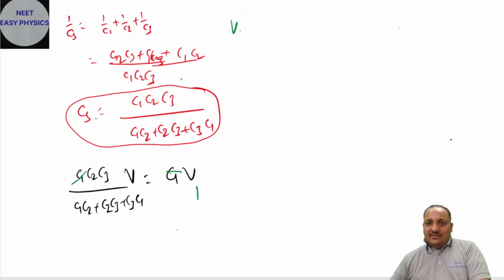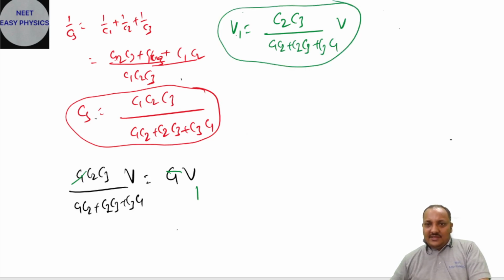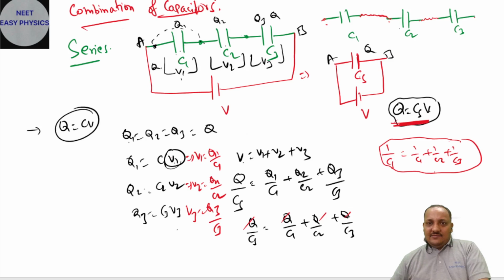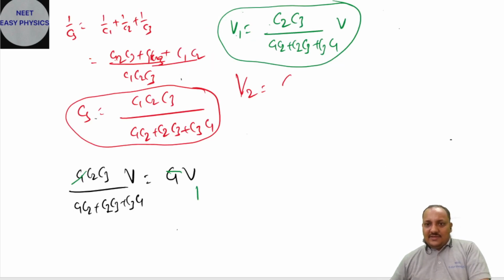V1 is C2C3 by C1C2 plus C2C3 plus C3C1 into V. Whenever V1 is coming, C1 won't appear. Now V2, with our common sense, the voltage across the second capacitor, is C1C3 by C1C2 plus C2C3 plus C3C1 into V. Now what is V3?